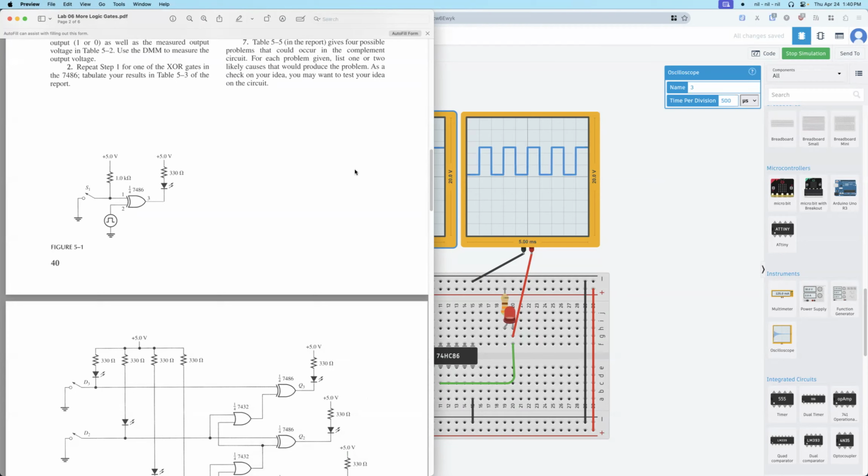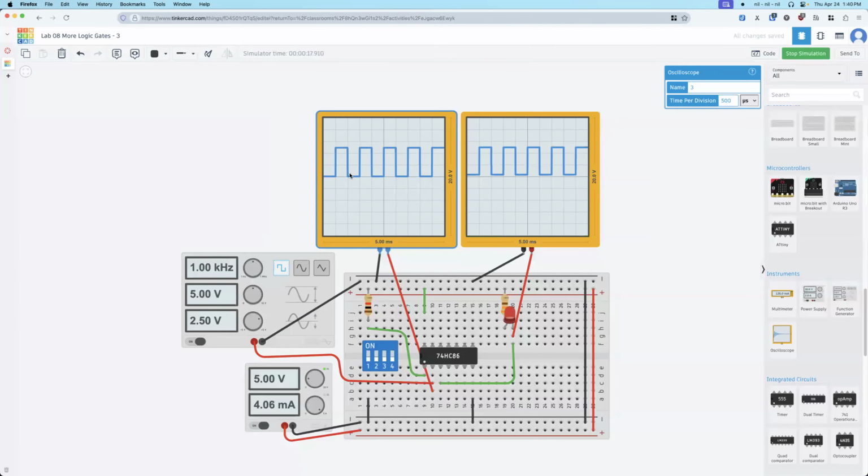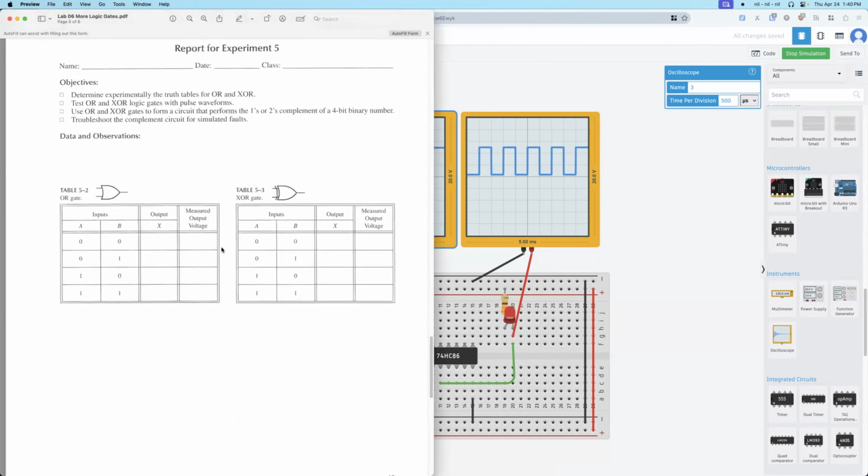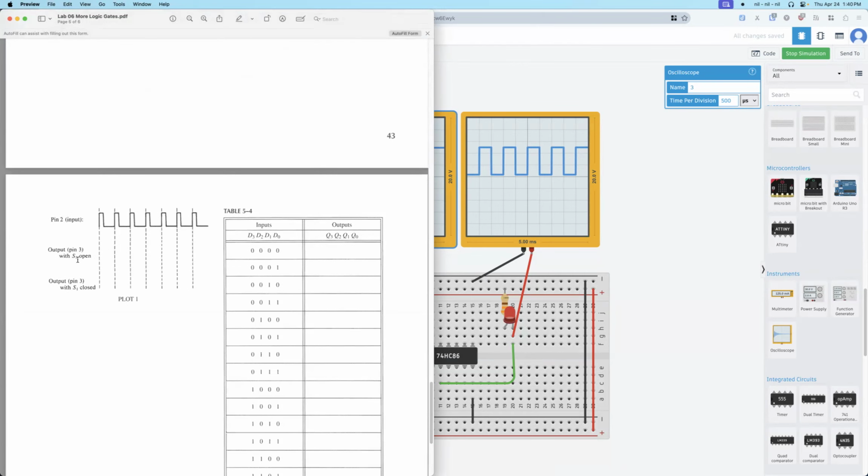So now the switch is open, so you can see the output signal is the same as the input signal, right? So low, low, high, high, low, low, high, high. So the same as the input. So for here, you just draw the signal. So now switch 1, S1 is open, so output is the same as the input, okay?